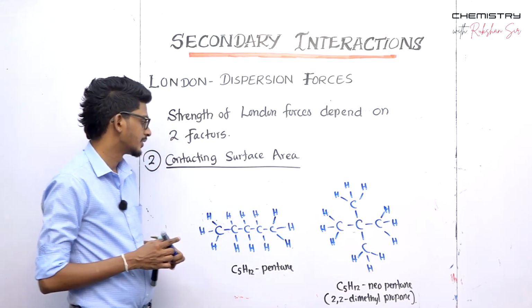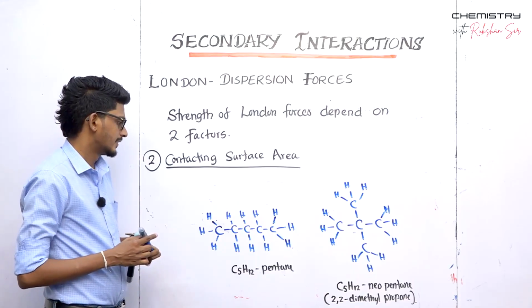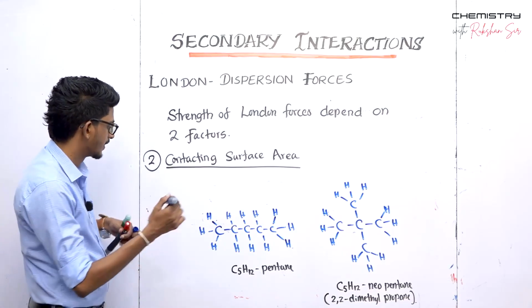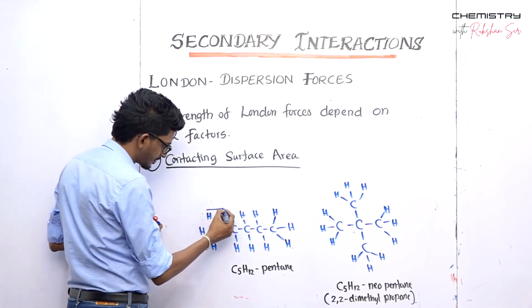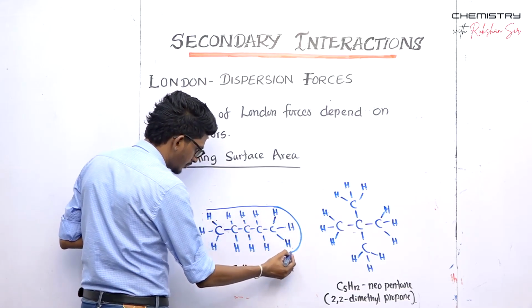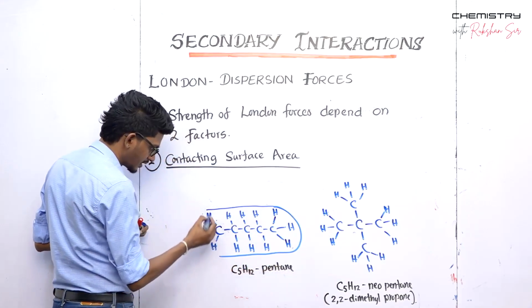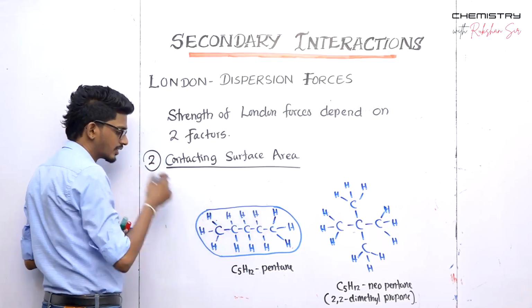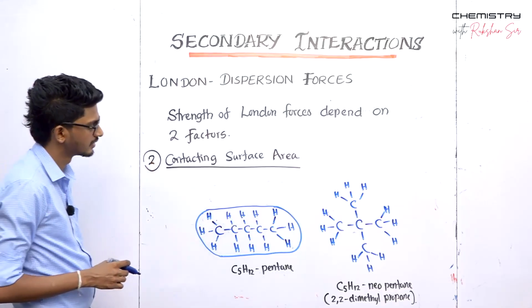Let's discuss the London forces here. So basically, when it comes to surface area, this is the surface area of the pentane molecule. Even though it's a 2D picture, we can denote the surface area of the pentane like this.